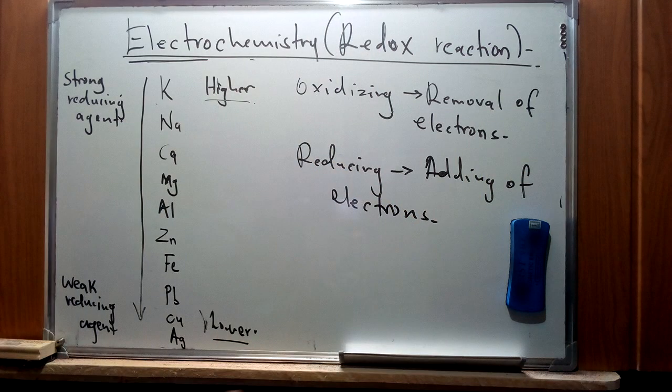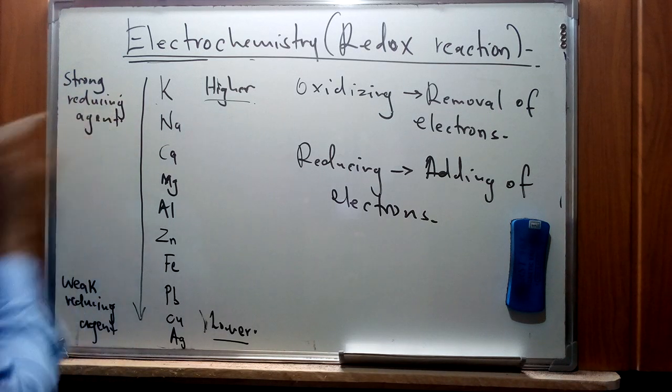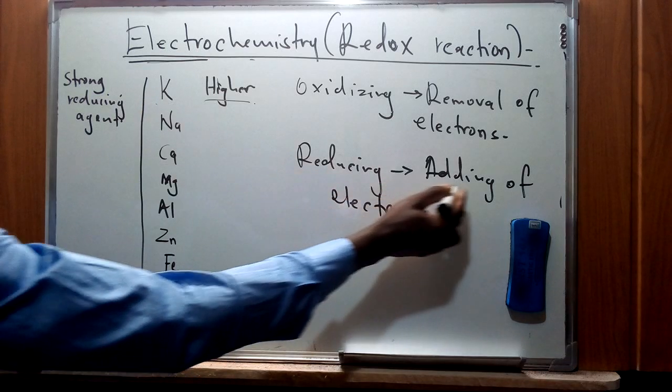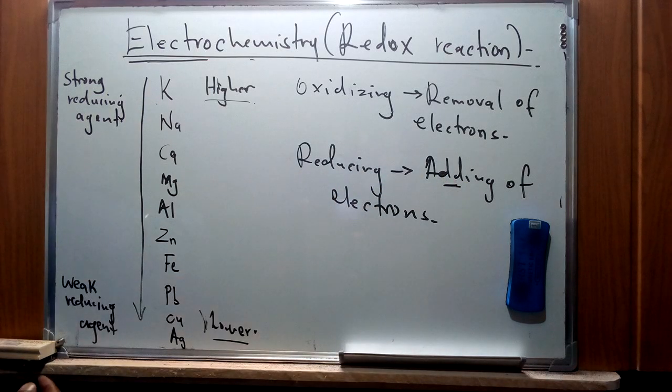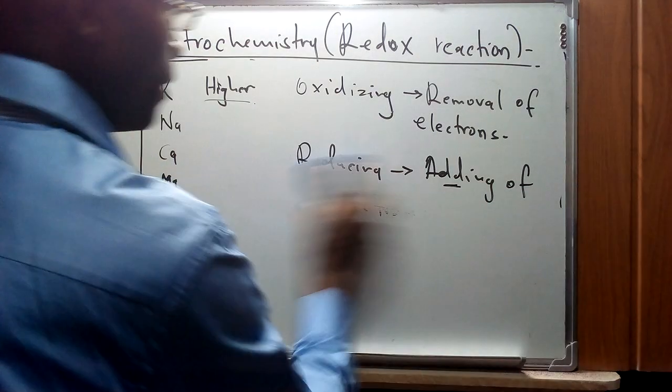So there are specific terms that you have used to refer to these metals. These are strong reducing agents because they add electrons to the already present oxidation states of some metal ions. In this case we can illustrate this using iron.